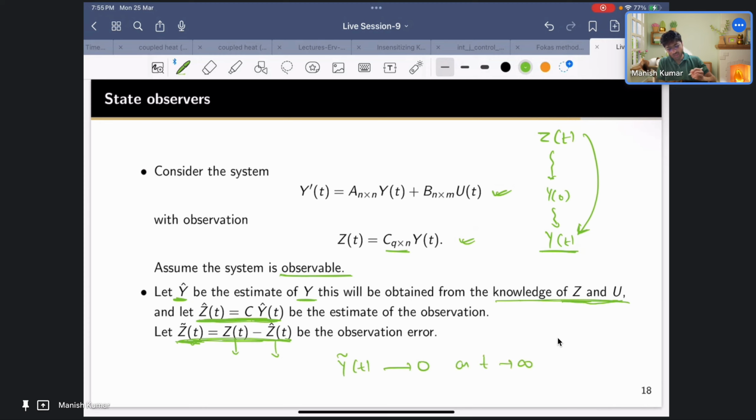So in large time this estimation is almost equal to the actual state. Initially it might not be the same, but for large time y tilde will go to 0. That means y hat, the estimate, will converge to the actual solution y(t). So this is the concept of the state observer.